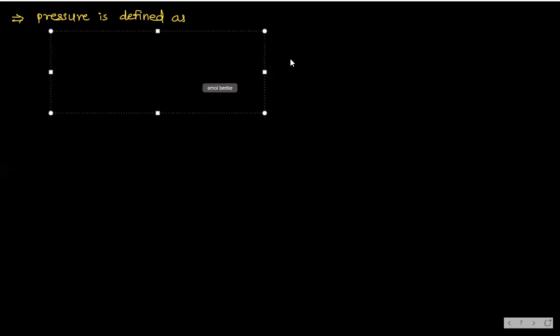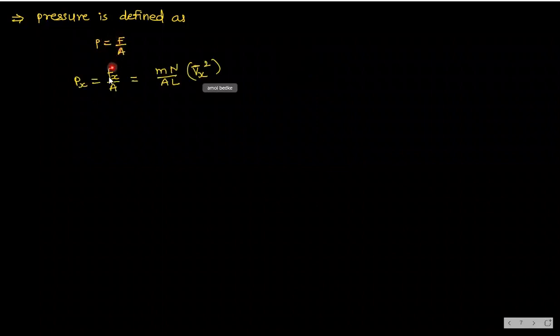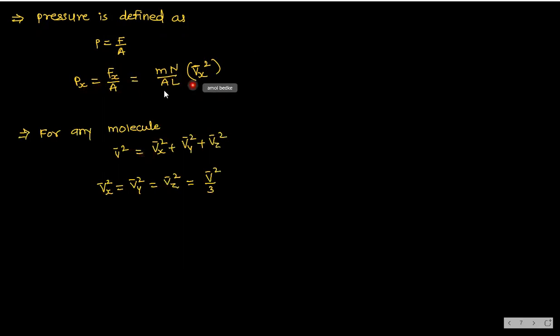Now let's find out pressure. Pressure is defined as force by area. P is equal to force by area. Now if I want along the x-axis, then Fx by A. So Fx we already know, mN by L into Vx bar whole square, divided by A, that is the pressure. For any molecule, V bar square is equal to Vx bar square plus Vy bar square plus Vz bar square, and that's why Vx bar square is equal to Vy bar square is equal to Vz bar square is equal to V bar square by 3.